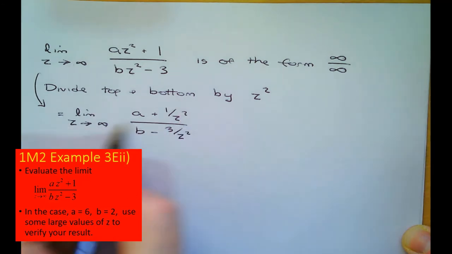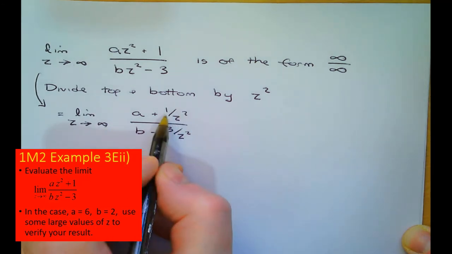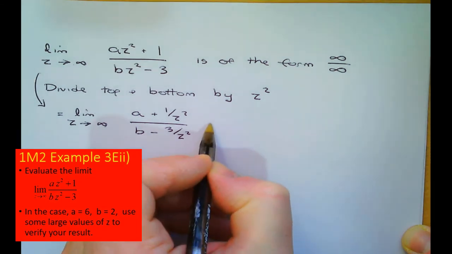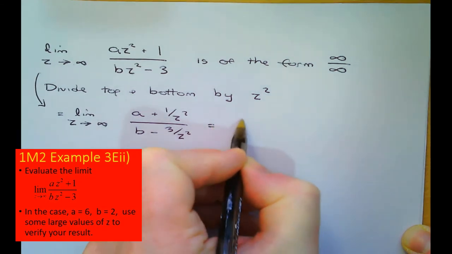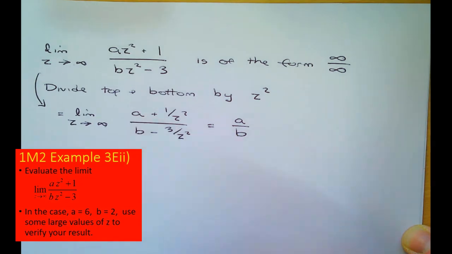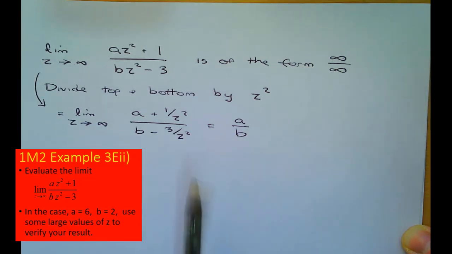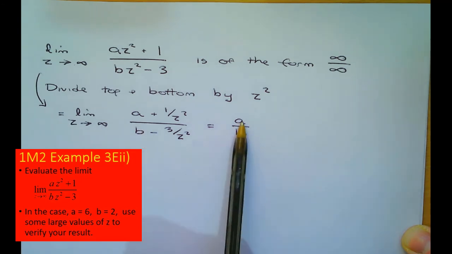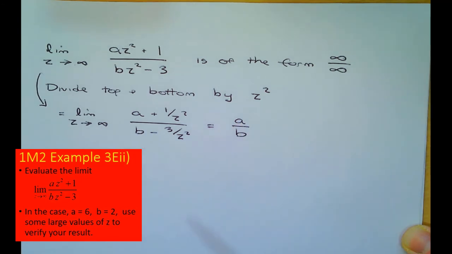And now, as z becomes very large, the 1 over z squared and the minus 3 over z squared become very small, and we're left with a over b. So the actual values of a and b are going to determine the limit.